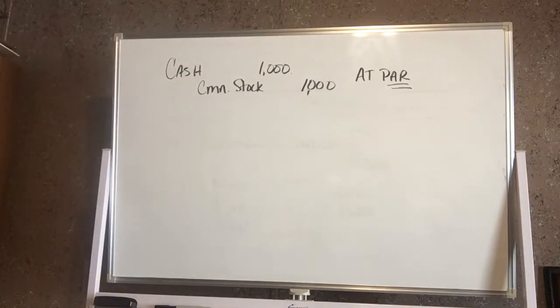Okay. Now let's assume that we are now going to sell it at more than par value. So right underneath it, assume that we're going to issue an additional 1,000 shares of the $1 par value common stock now for $5 a share.